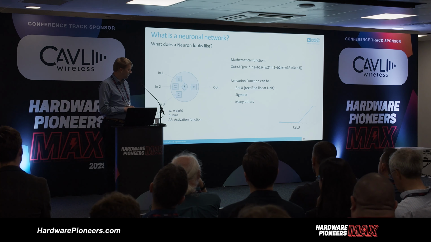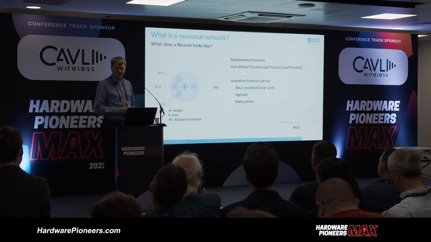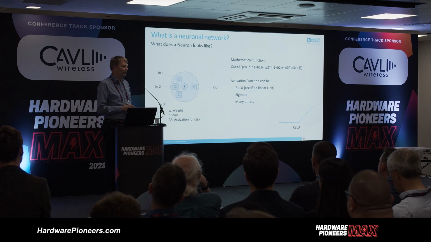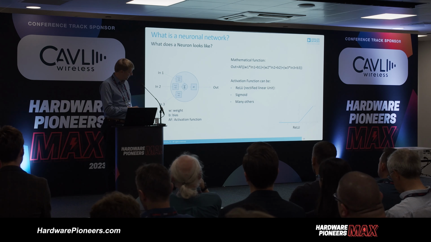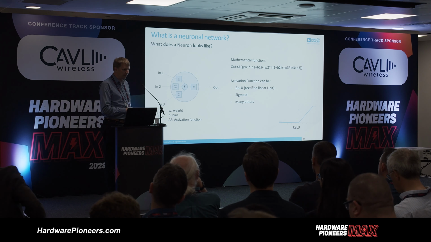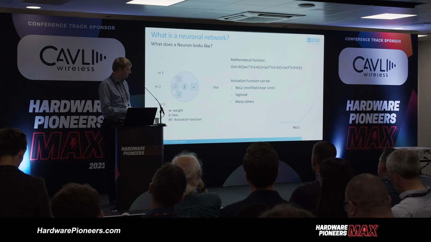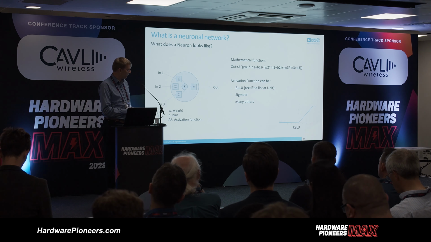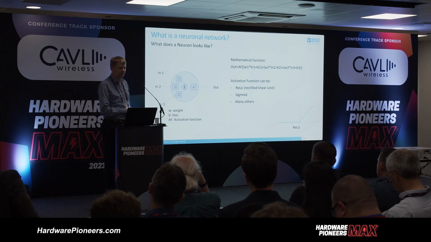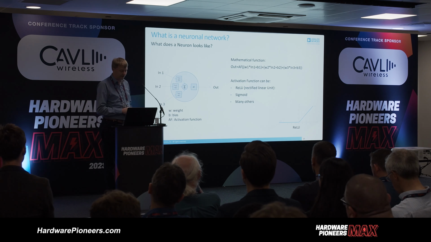We at Analog Devices use the rectified linear unit in our hardware accelerator because it's very, very easy to do in hardware. The function is: if the input value is 0 or below, the output is 0. And if the input is above 0, the output stays the same. So that's called ReLU, or rectified linear unit.